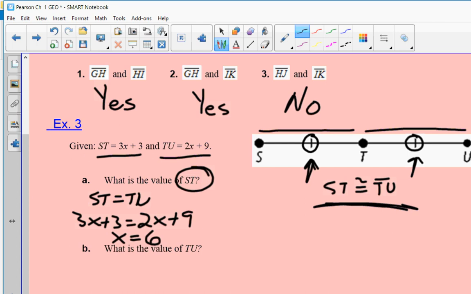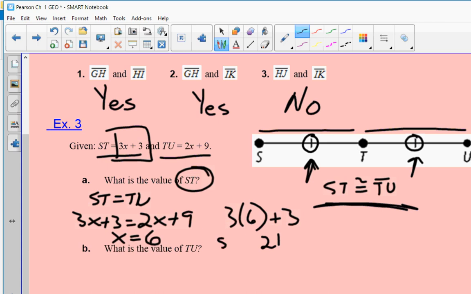The question was, what is ST? Well, ST is represented by 3x plus 3, so I've got to plug it back in. I'm going to take that 6, plug it back in for x, so 3 times 6, plus 3. 3 times 6 is 18. 18 plus 3 is 21. So that's what ST is.